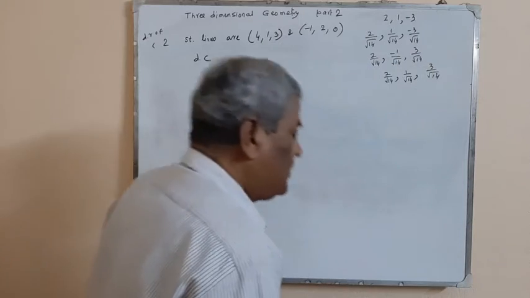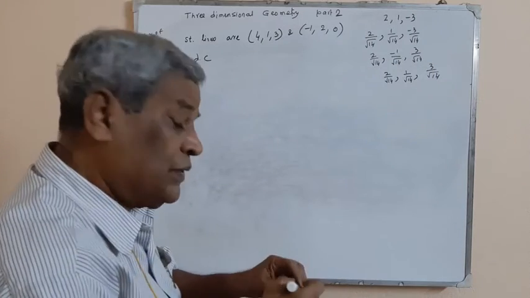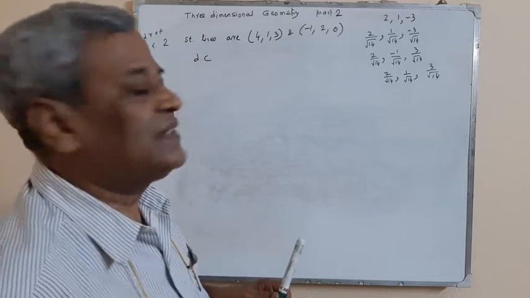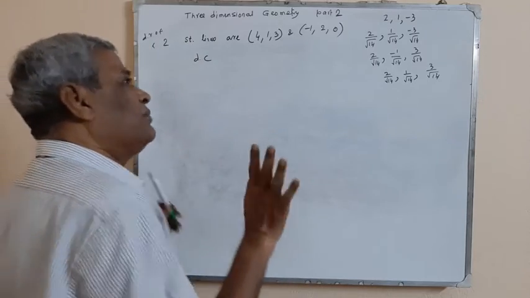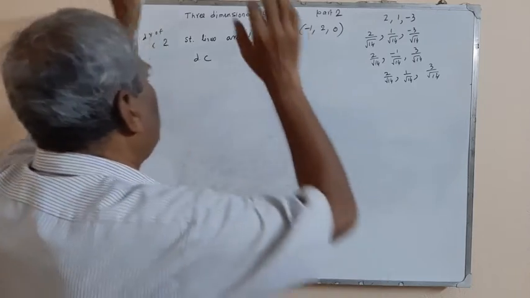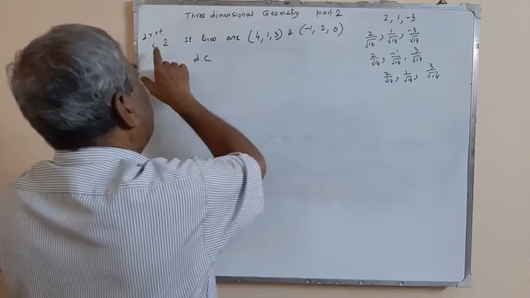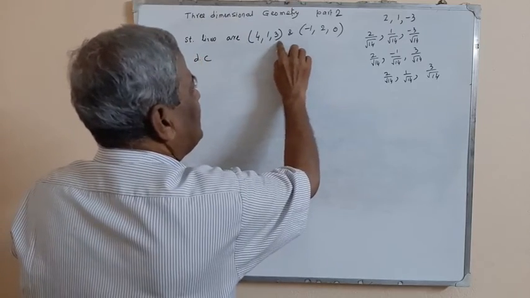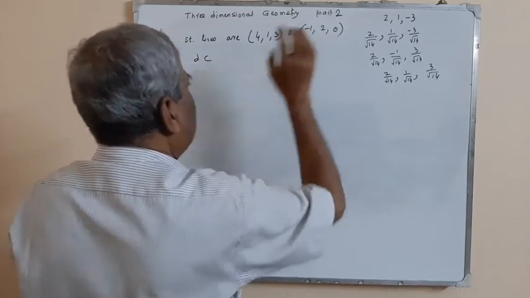So this problem is also straightforward with the help of the previous formula that we discussed last day. With the help of that, very easily we can do that. Once again I am stating the problem: two straight lines are given whose direction ratios are this and that.